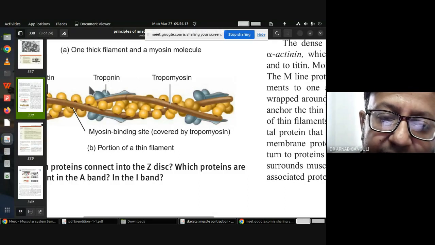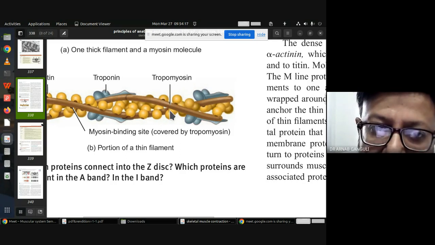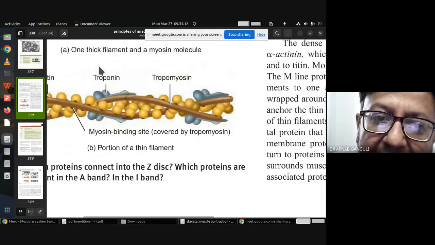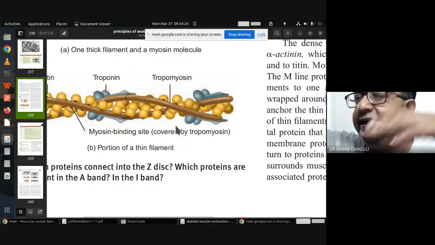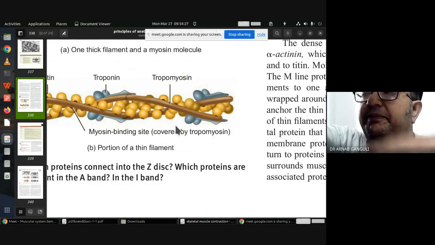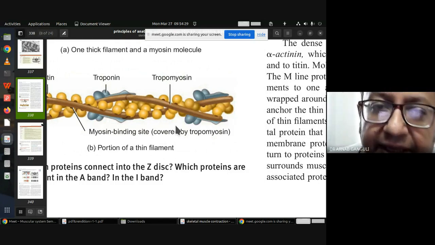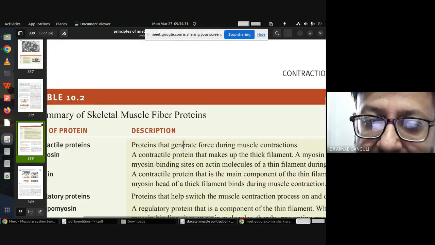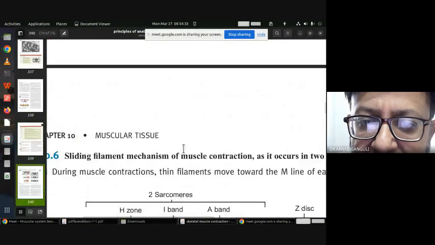And that is because of troponin, which moves tropomyosin. When calcium binds to troponin, it makes tropomyosin move away and release the sites, and the myosin heads bind to the actin filament. That was briefly said.